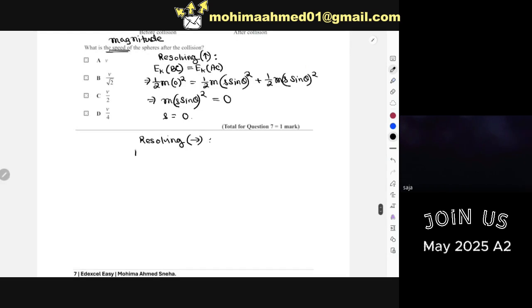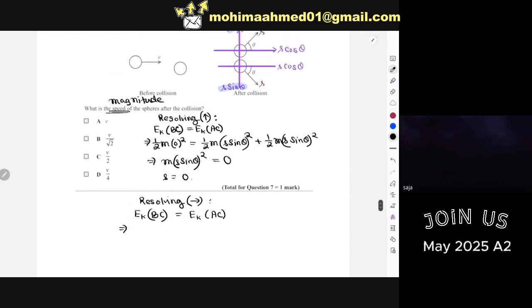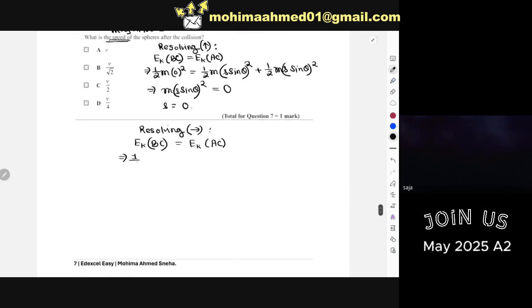So now we start with kinetic energy before collision and then kinetic energy after collision. Before collision, we have half m v square for particle 1, and particle 2 was stationary, so it has zero kinetic energy. After collision, we have half m s square plus half m s square.